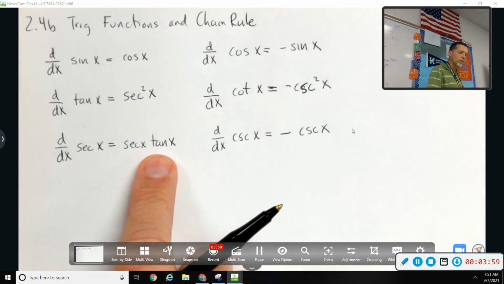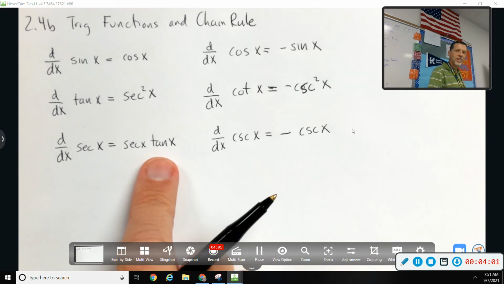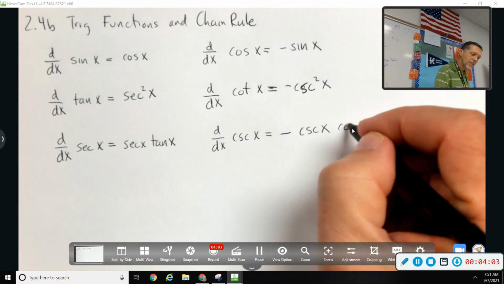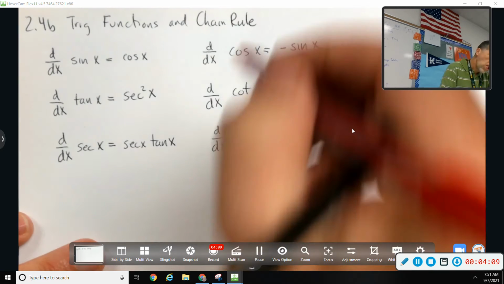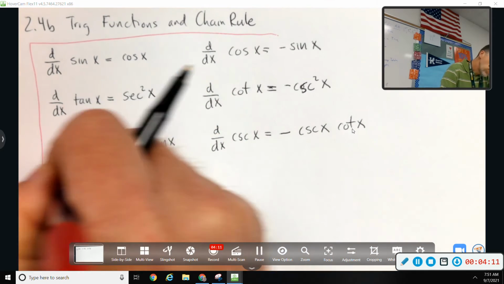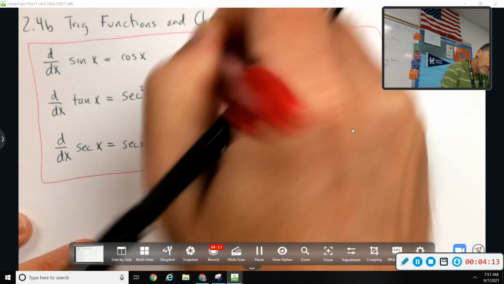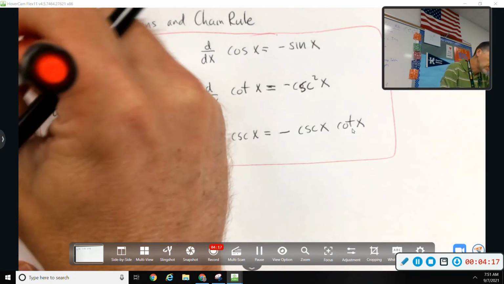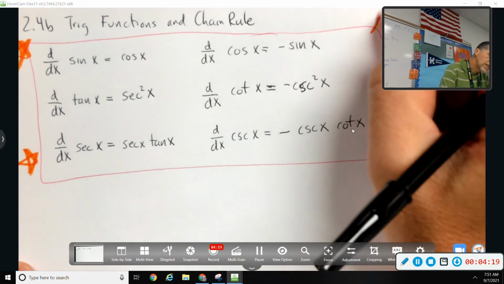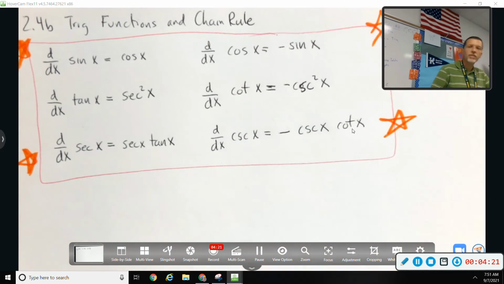Close. Switch that one as well. So cosecant x, cotangent of x. That gets the big red box, stars, and whatever else you want to put on there. You got to know those, and you'll have to know those all year long.